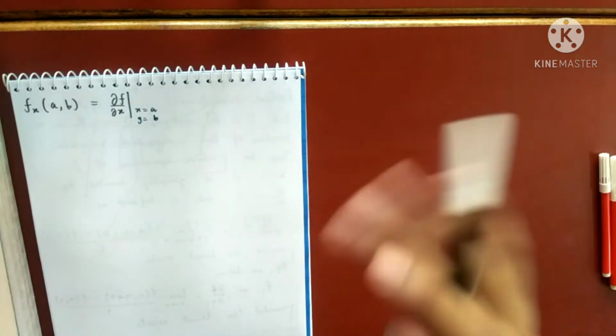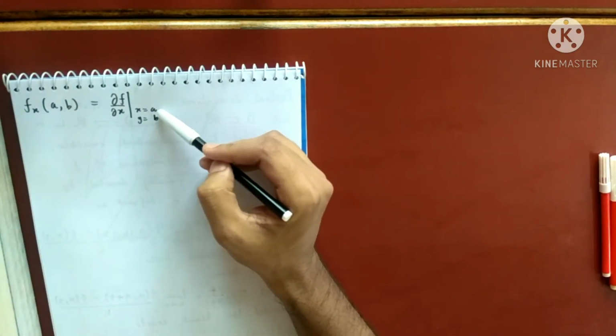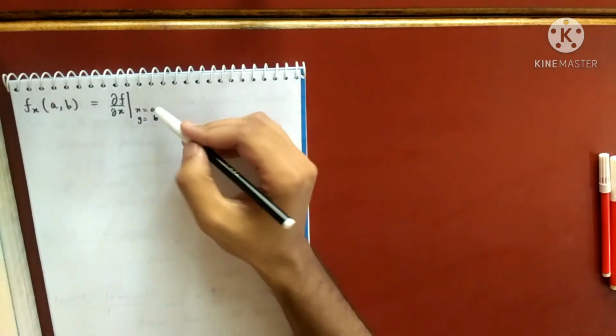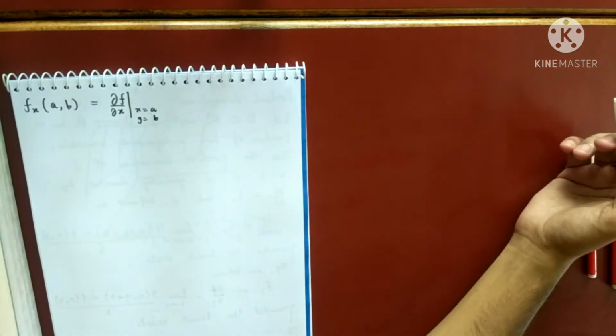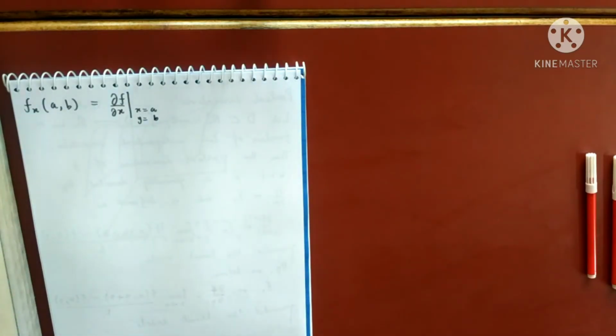For that surface, you are taking the curve which lies at the intersection of the plane y equals b and the surface. For that curve, you are finding the slope of the tangent at the point x equals a. You first fix y equals b, that leads to a curve, and on that curve you find the slope of the tangent at x equals a. That is the geometric interpretation.